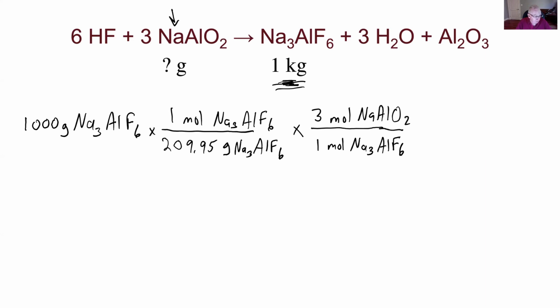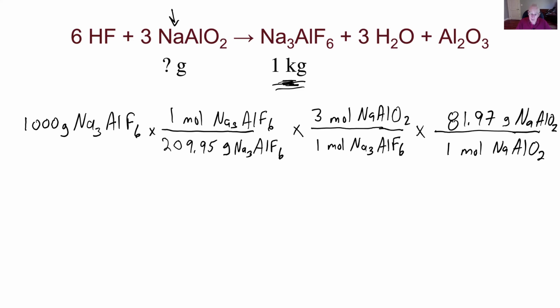If I stop there, I'm in moles of the reactant. I actually want to get grams of the reactant, so I'm going to put 1 mole of it down here. And then on the top, I'm going to, again, cheat from my notes over here, and my notes say this one is 81.97 grams in a mole.